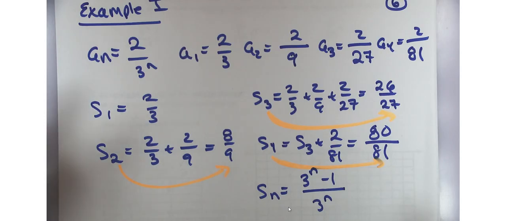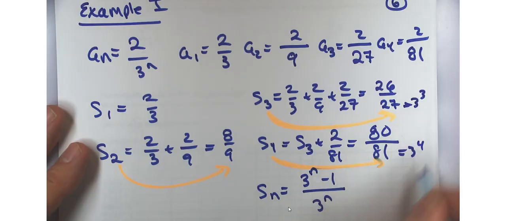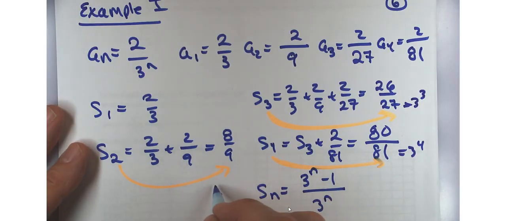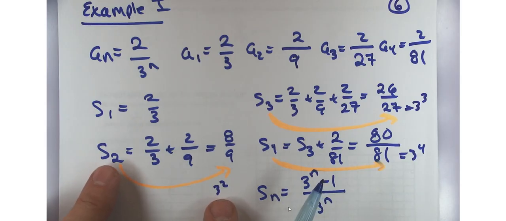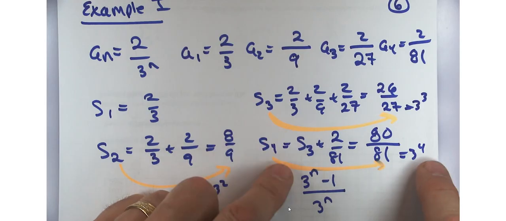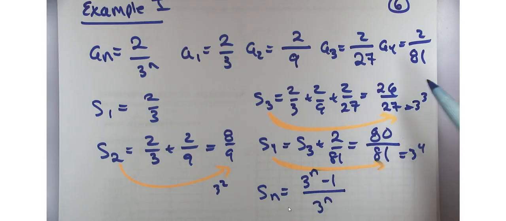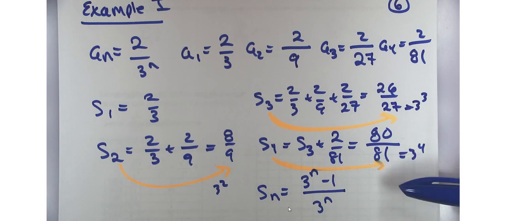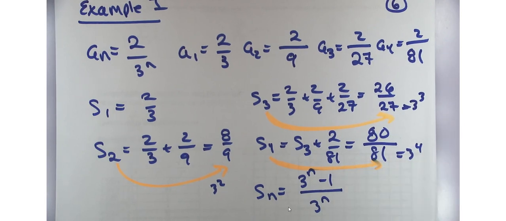For instance, this is 3 cubed, this is 3 to the 4th power, this is 3 squared. So then you can start picking up that it's 3 to this power, 3 to this power, etc. That's where you start generalizing, by realizing that these are powers of 3. Good question. And the numerator is just 1 less than the denominator. Thanks for the question.